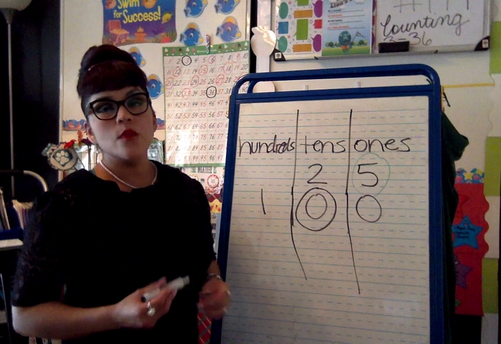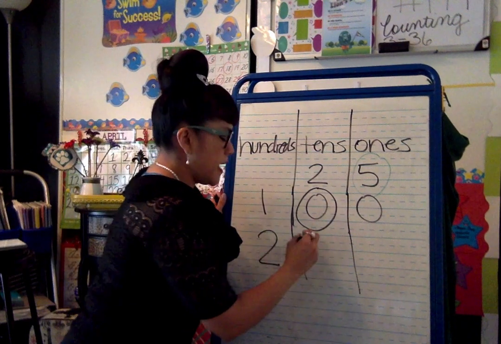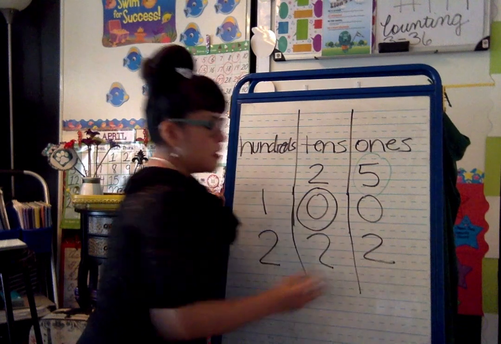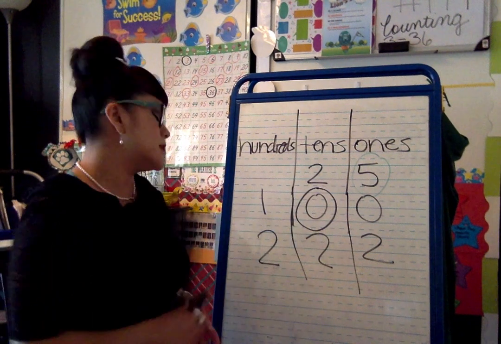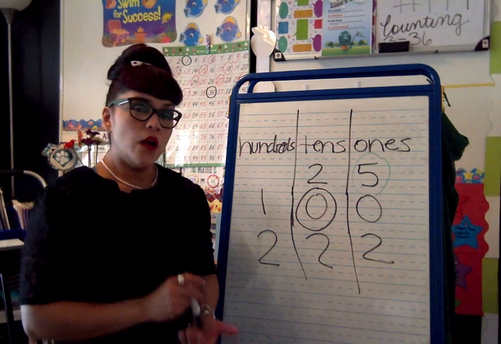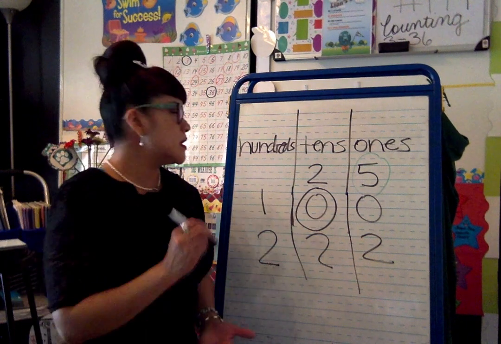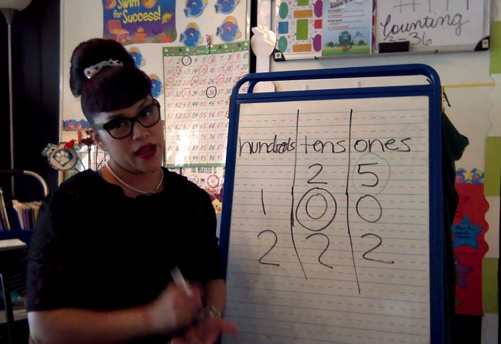Go ahead and write the number 222. My direction now is to go ahead and circle the number that is in the hundreds place. All right, circle the number that's in the hundreds place. Ready? Okay.